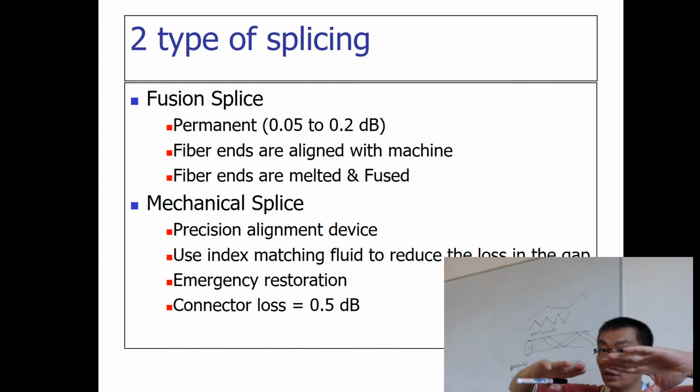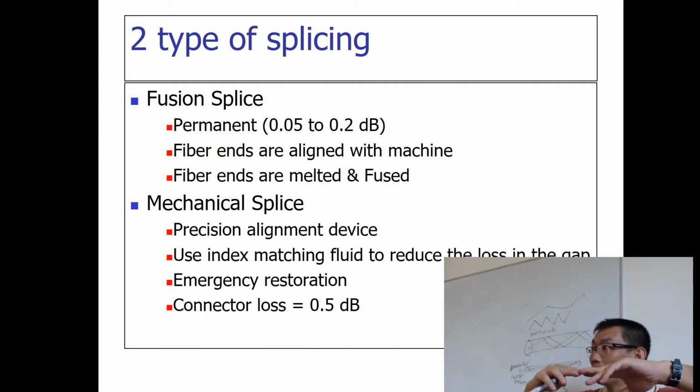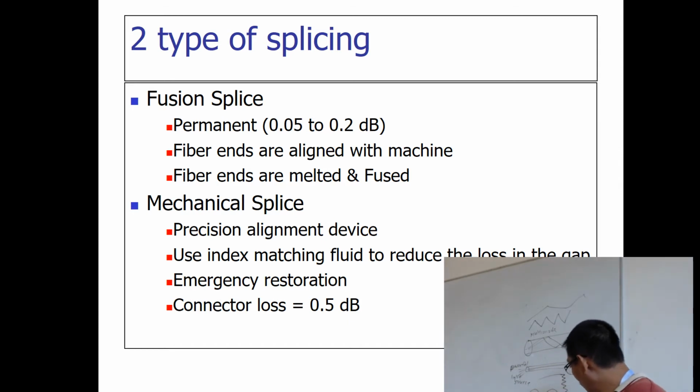Then you use the machine to align it. Align it and measure it: you pump in the light here and see how much light is received over there. Once it is properly aligned, only then do you melt and fuse the fibers together. After you fuse it, the fiber is joined.